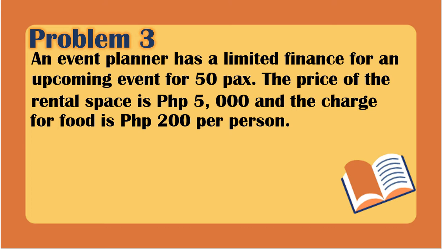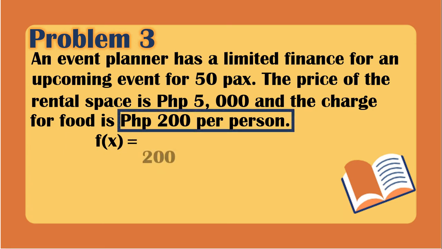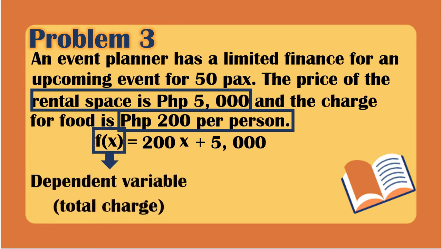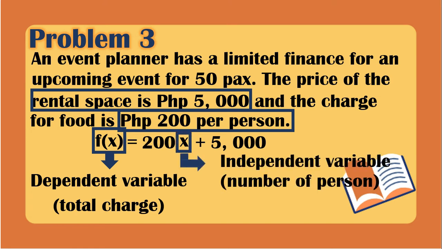So we will have f of x is equals to, the food is 200 pesos per person, so that will be 200x, x is the number of person, and then the rental space is 5,000, so that will be plus 5,000. And then our f of x here is the dependent variable, which is the total charge for 50 packs, and then x is the independent variable, which is the number of person.